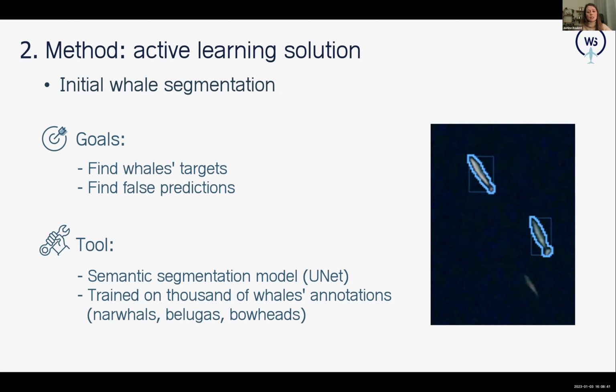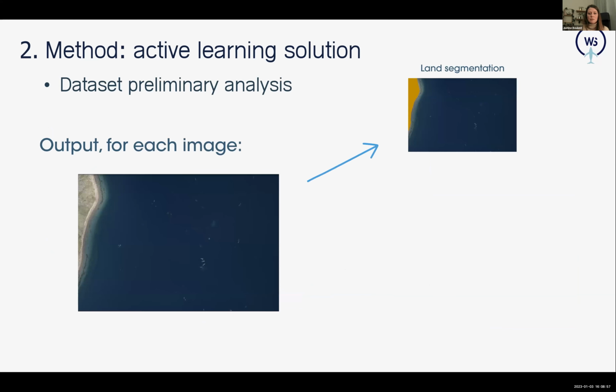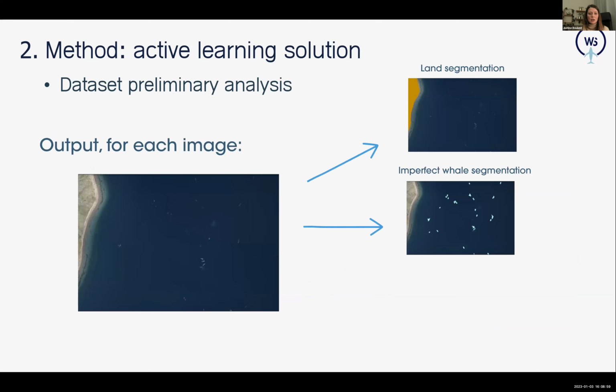So these imperfect predictions are very useful to start the learning process and to ensure that we have whales as examples in the validation and in the test subsets. So at the end of the preliminary analysis, we have for each image a land segmentation, an imperfect whale segmentation, and also a location in the UMAP representation.